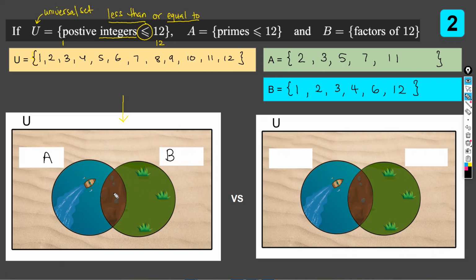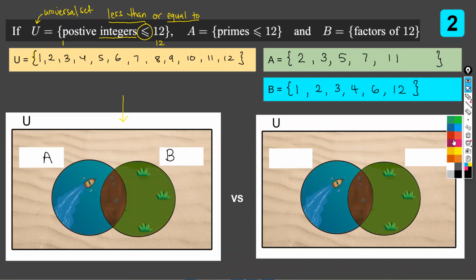Let's fill in the values. First of all, you know what I always like to do first? I always like to fill in the mud region. That's the common region. What is common between A and B? Look at A and B and look for the common values. Right? Give it a good look.